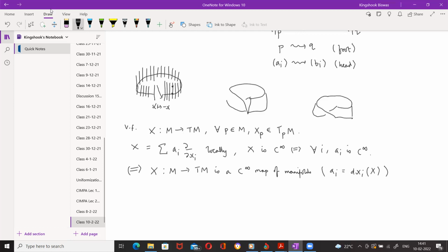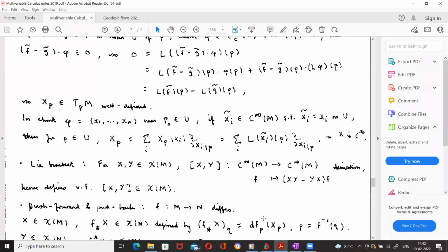Okay. So now I want to talk about the flow of a vector field, how a vector field on a manifold gives rise to a flow. Before that, let me talk about something else.